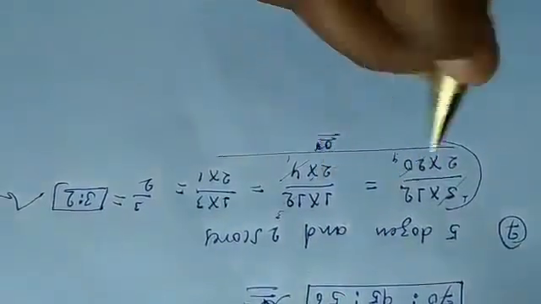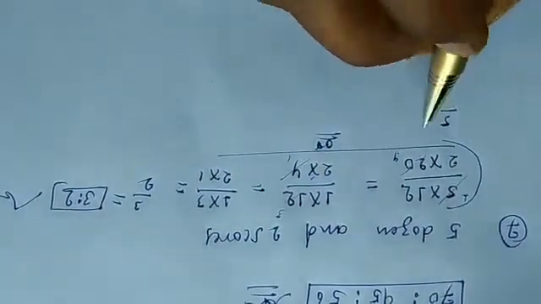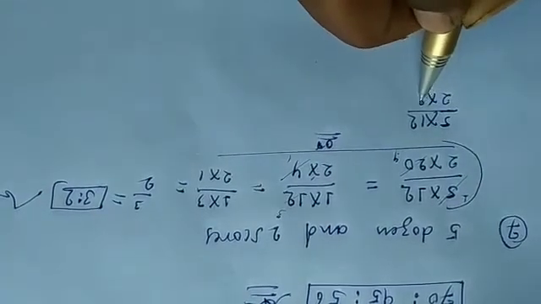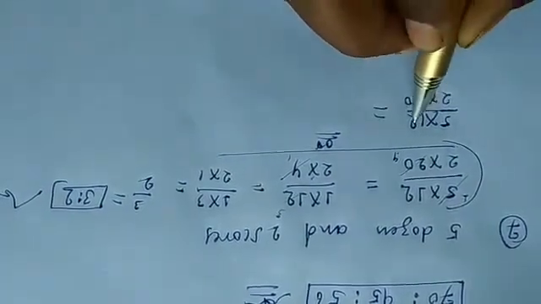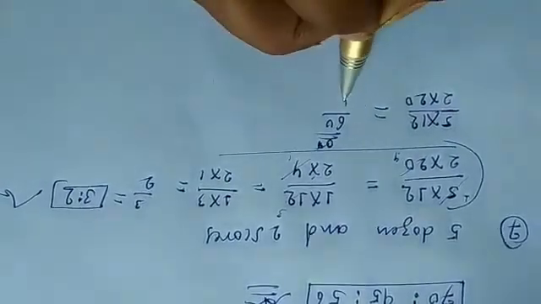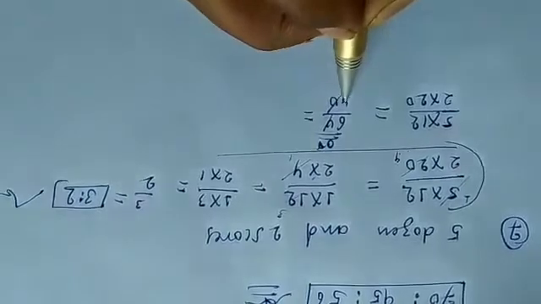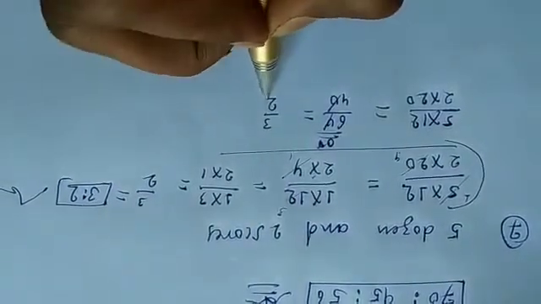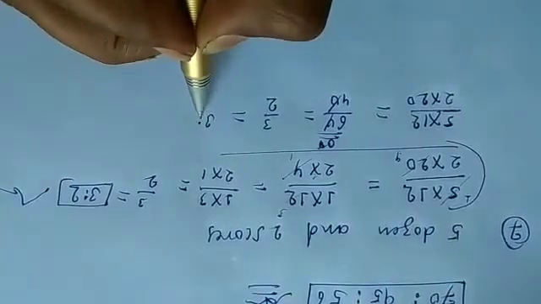In place of this, you can write 5 into 12 upon 2 into 20, equal to multiply: 5 12s are 60, 2 20s are 40. Cancel the zeros, cancel by 2, 2 3s are 6, 2 2s are 4, then this will be the ratio 3 to 2.